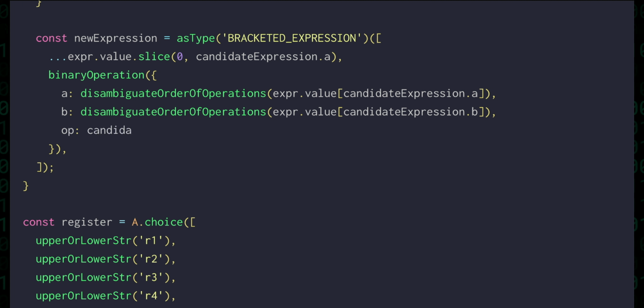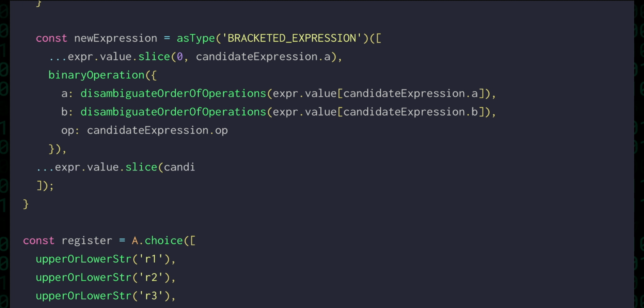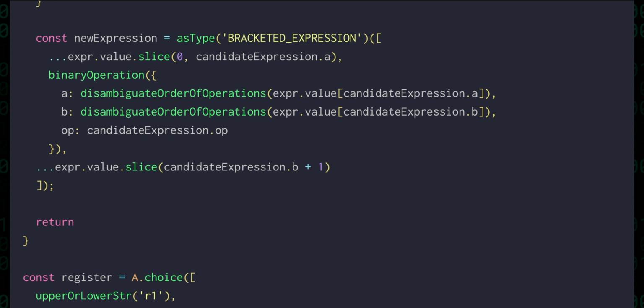The binary operation will also contain the op that we got from the candidate. Finally, we can slice out the rest of the expression after our candidate. In the end, we return another recursive call to disambiguate order of operations, which will, over the course of a few iterations, reduce our expression down to a single binary expression.